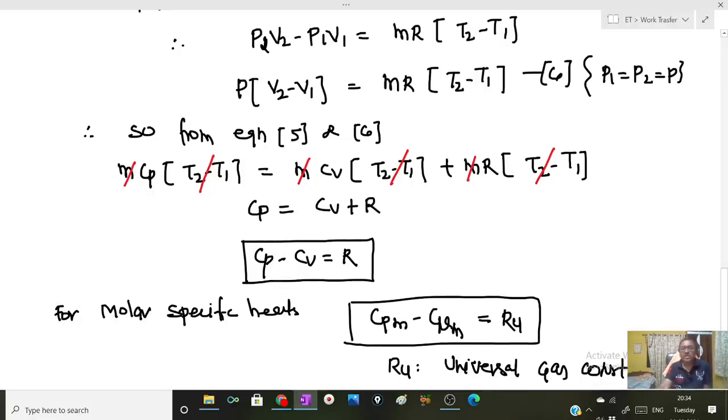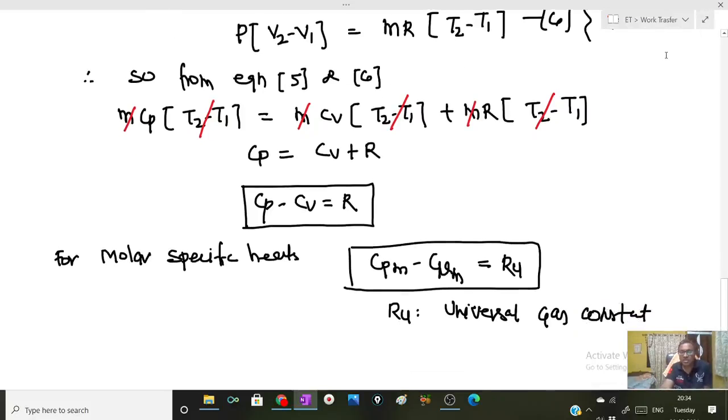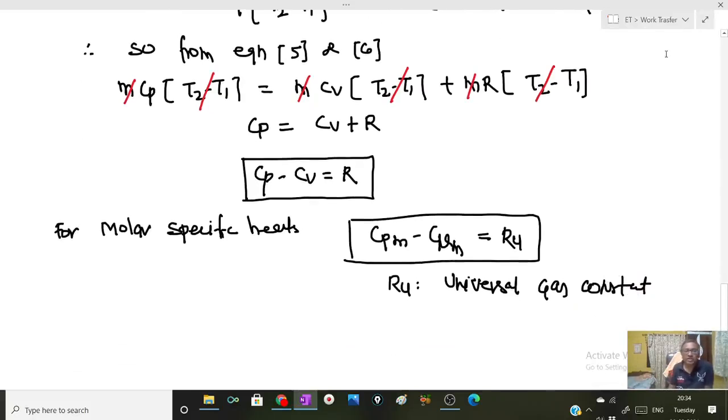So if I am considering capital R as characteristic gas constant, the relationship between Cp and Cv will be Cp minus Cv is equal to capital R. And if I am considering molar specific heat, the relation becomes Cpm minus Cvm is equal to Ru, where Cpm is molar specific heat at constant pressure and Cvm molar specific heat at constant volume, and Ru is universal gas constant.